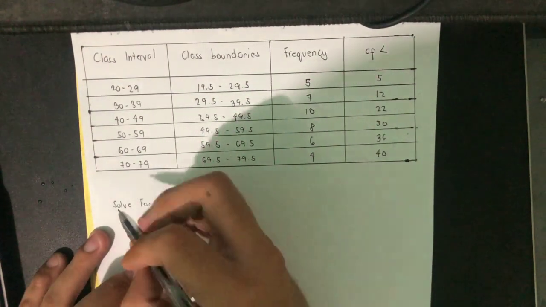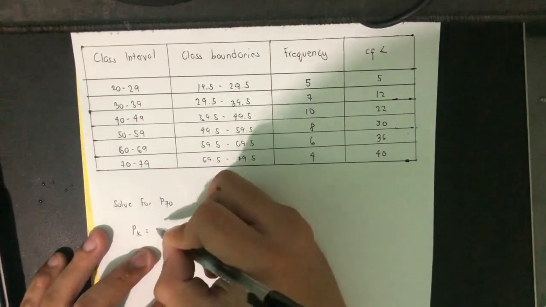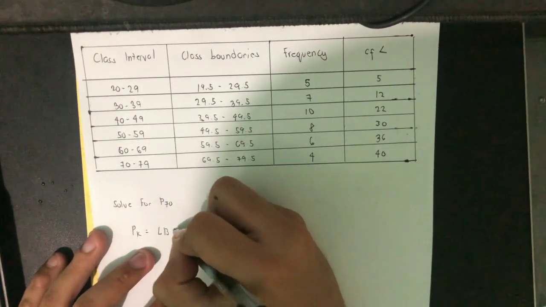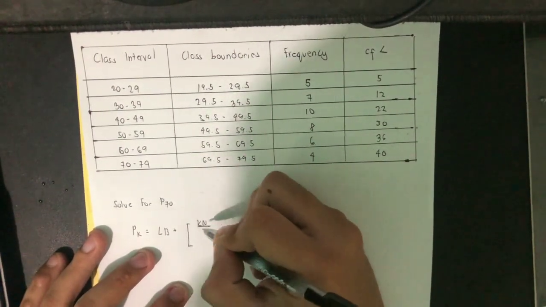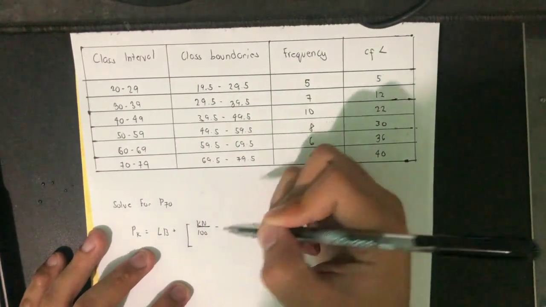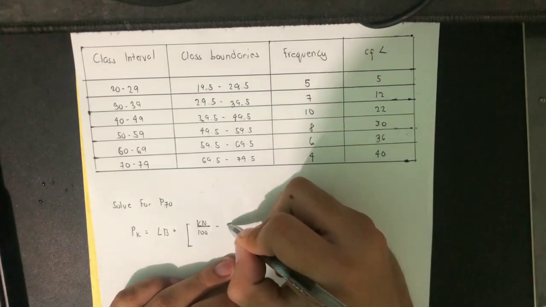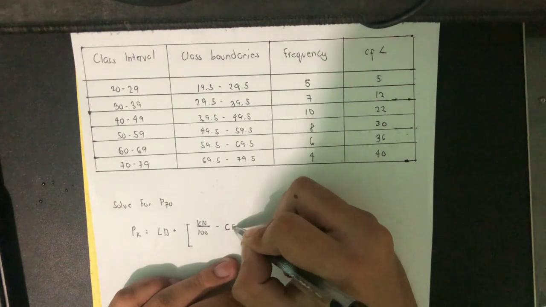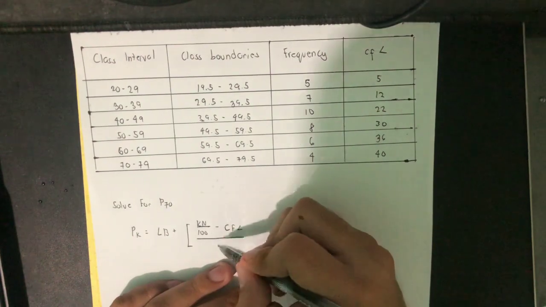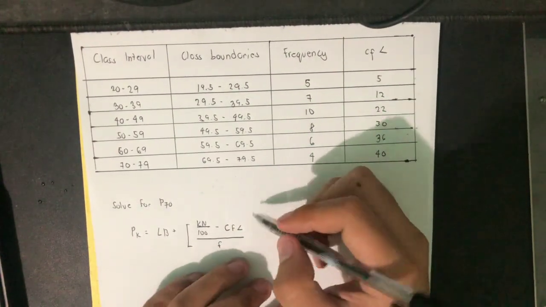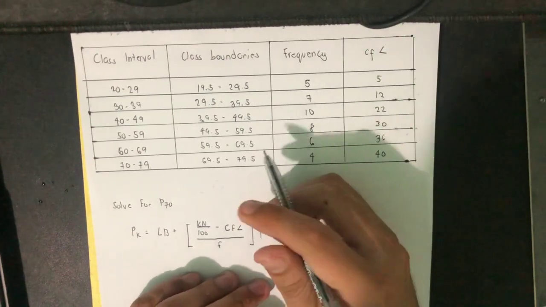The formula for percentile is PK is equal to lower boundary plus KN over 100, since it is percentile, so it should be 100, minus the cumulative frequency before the percentile class, over the frequency of the percentile class, then multiplied by the class interval.